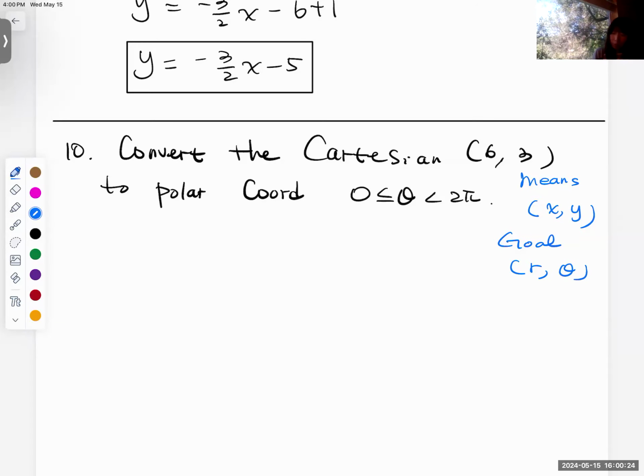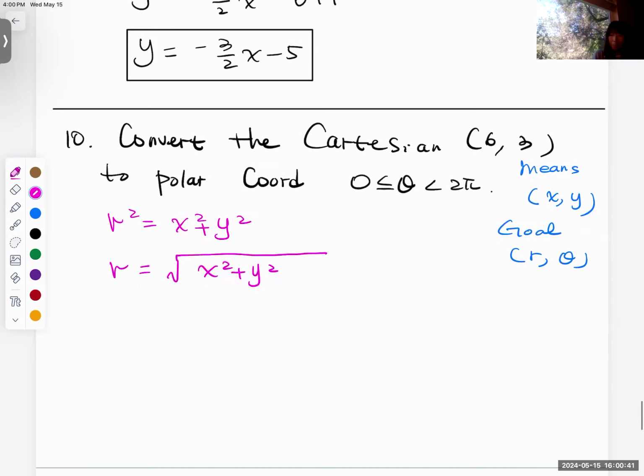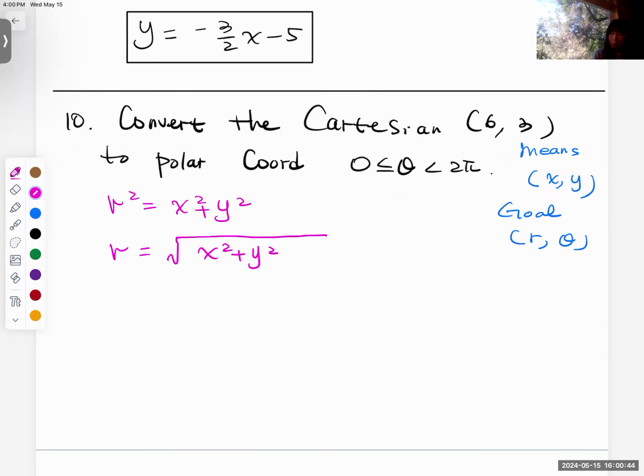Okay, then we have the formula r squared, which is x squared plus y squared. r equal to the square root of x squared plus y squared, right? We only need positive, right?